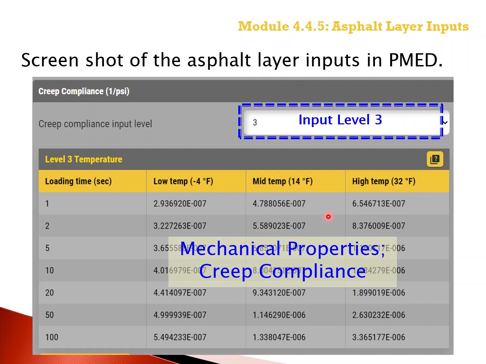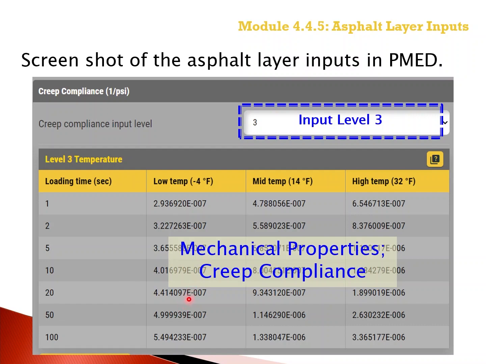Remember, the screenshot for the other two input levels is the same as for input level 3, with the exception that for creep compliance input level 2, the input values for each loading time and test temperature are automatically populated based on the measured dynamic modulus input values for input level 1.